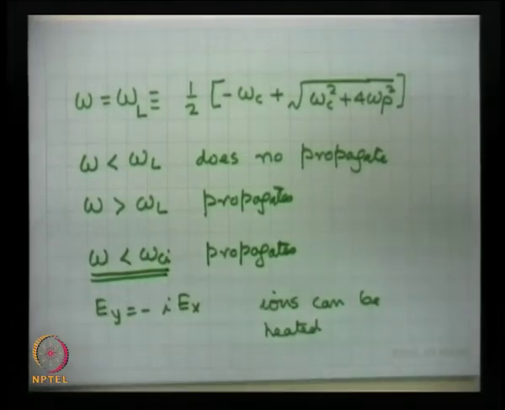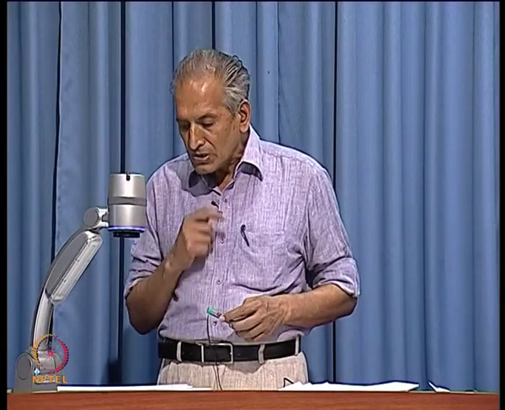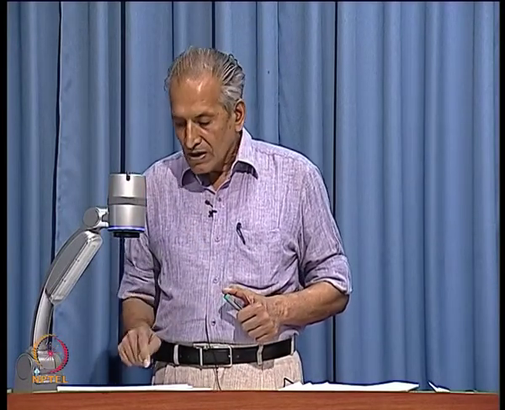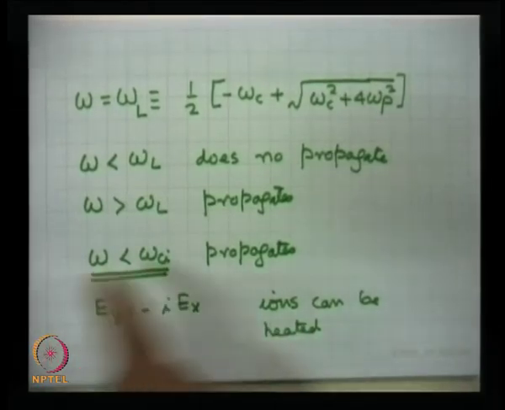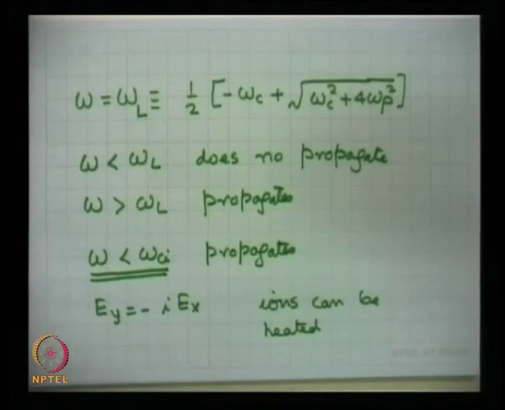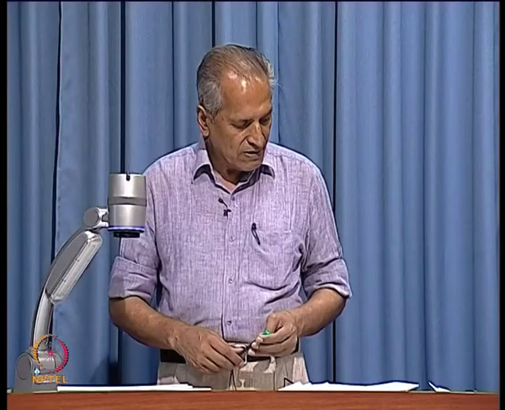In a mirror machine, rather than launching a high frequency RCP wave, if I launch a low frequency LCP wave of frequency slightly less than omega Ci or comparable to omega Ci, I can heat preferentially the ions, and that is the beauty here.